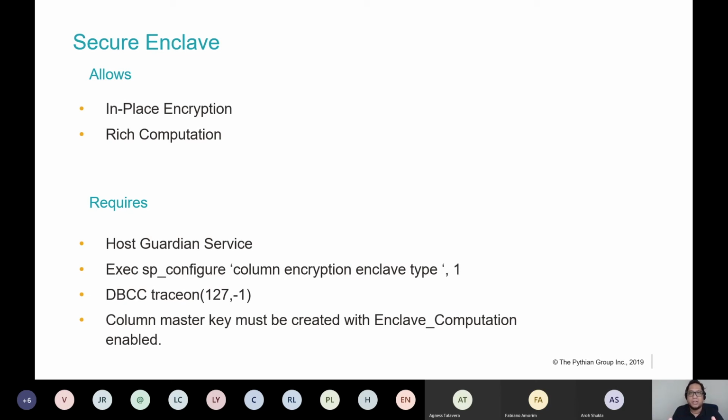When you enable Secure Enclave, you can do equality operations on your randomized encrypted column. You can do more: equality joins and comparisons on your deterministic encrypted column. So that's what Secure Enclave gives you. Now, for you to have a Secure Enclave, it depends on your hardware, because it requires a Host Guardian Service.